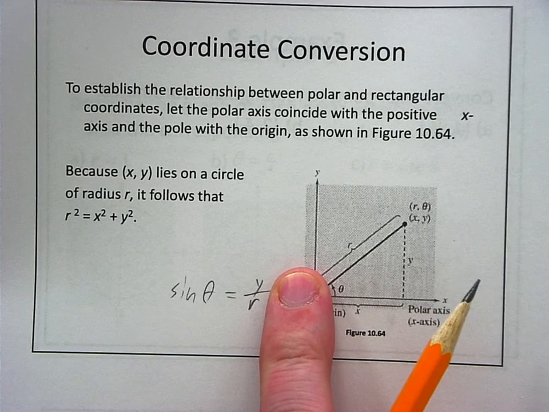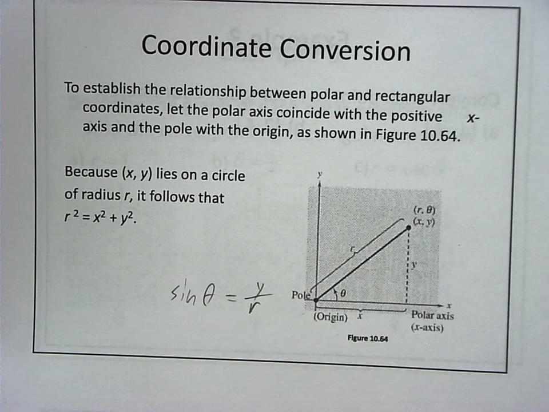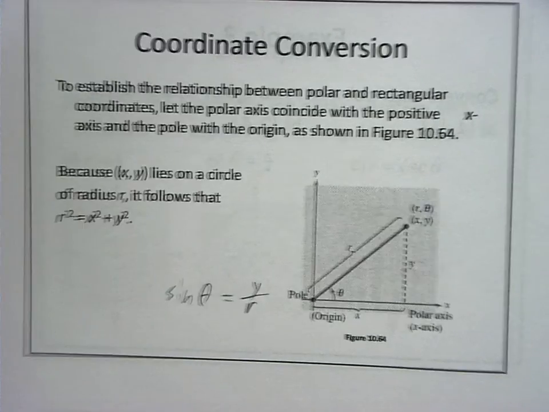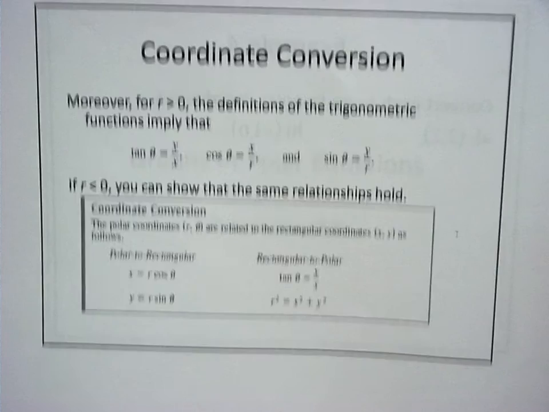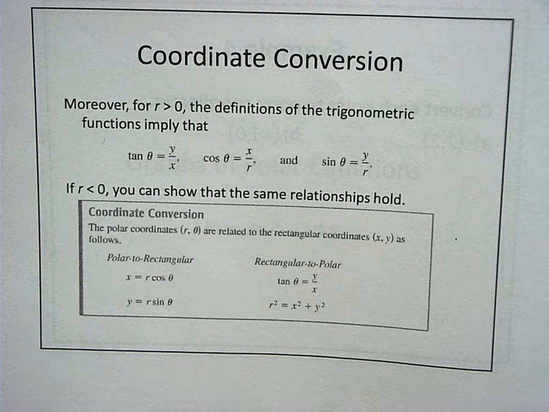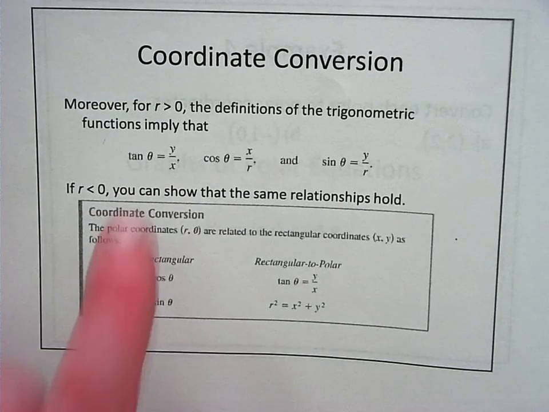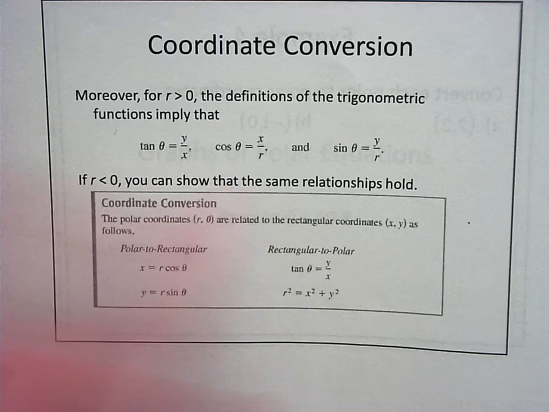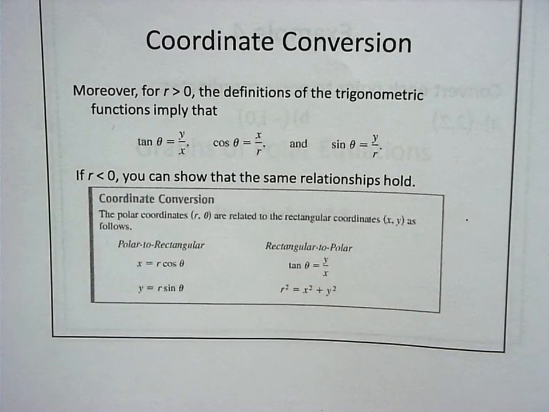Solve for y. r sine theta. You just move the r to the other side. For the x, instead of sine, you use cosine. So you end up with these formulas for conversion, but honestly, to me, they're fairly instinctual if you're comfortable with the right triangle stuff, because of SOHCAHTOA. Those formulas work.